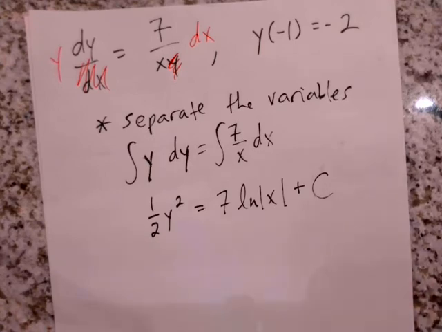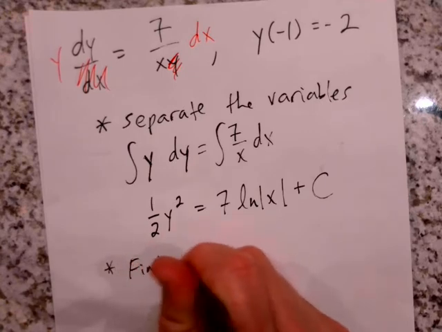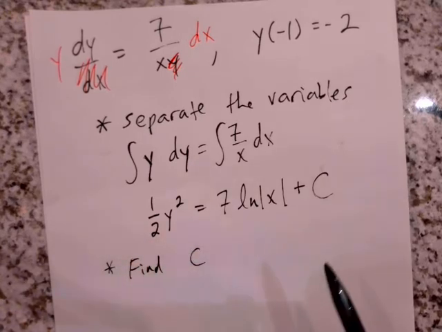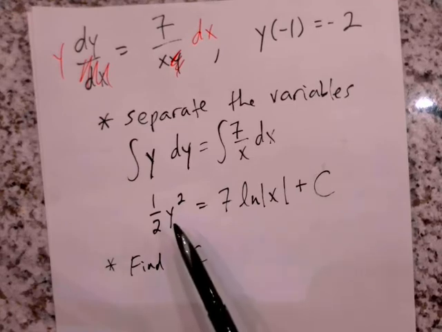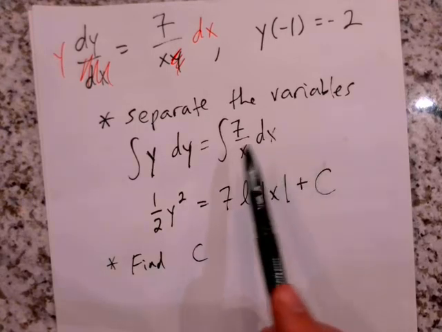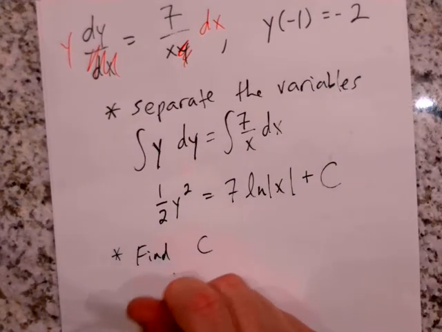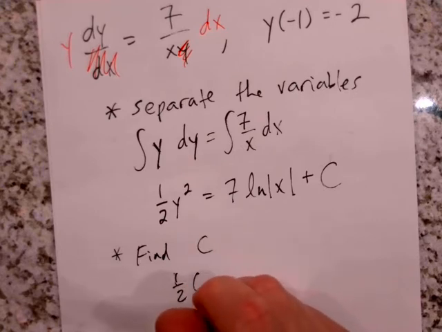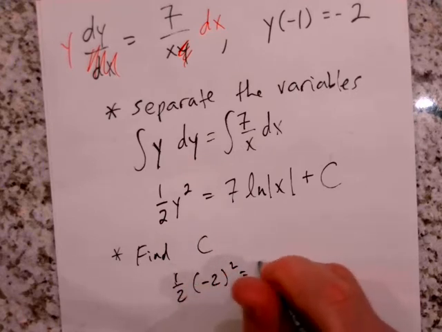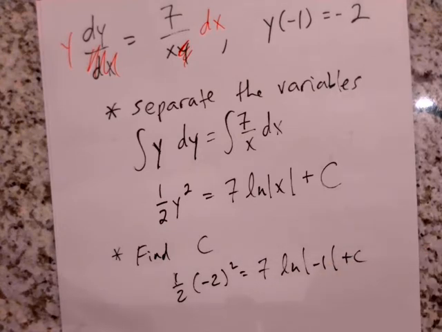Then we find c. Now, once you integrate, you can find c at any step. You can find c first, as I'm doing here. You could solve for y and then find c. As long as at some point you find c, all is good. But I'm going to do it first. So we plug in -1 for x, and we set y equal to -2. So 1/2 times -2 squared equals 7 log absolute value of -1 plus c.